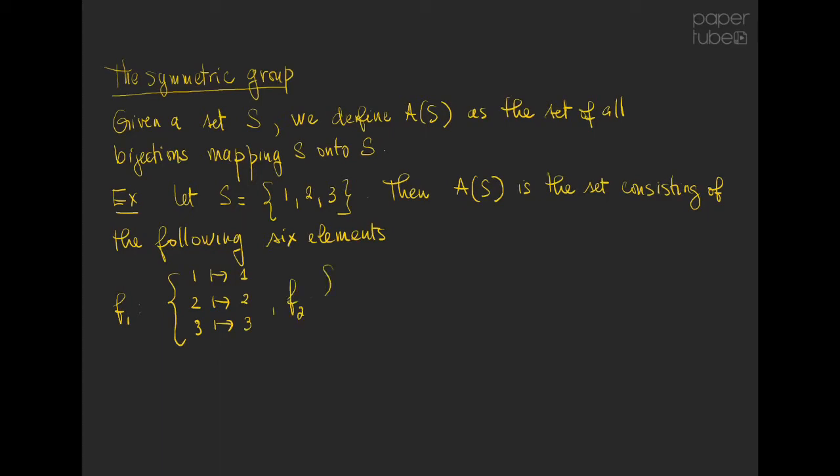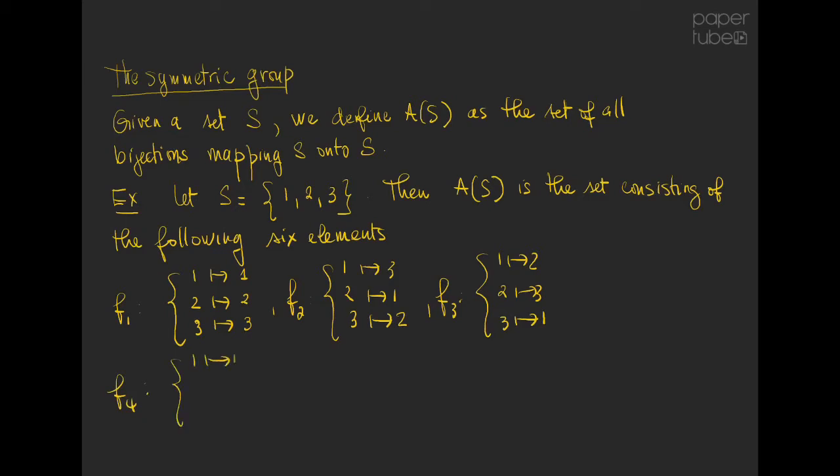F2. F3: 1 goes to 2, 2 goes to 3, and 3 goes to 1. F4 acts as follows: 1 goes to 1, 2 goes to 3, and 3 goes to 2.